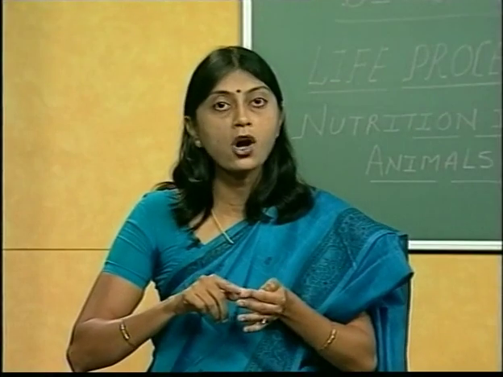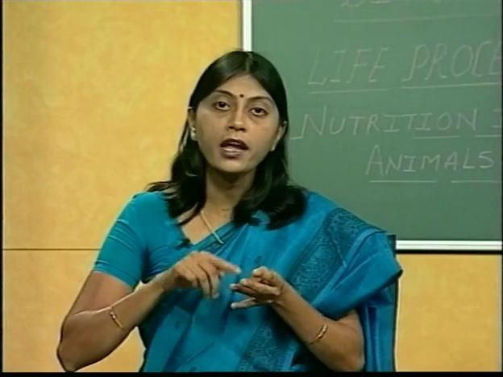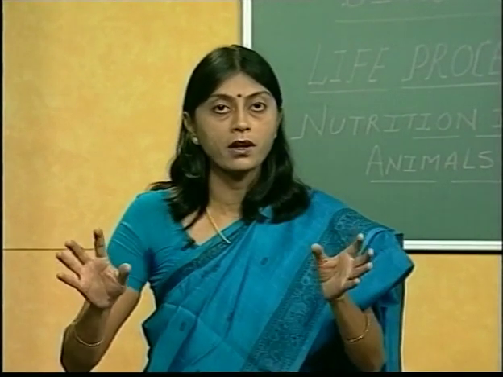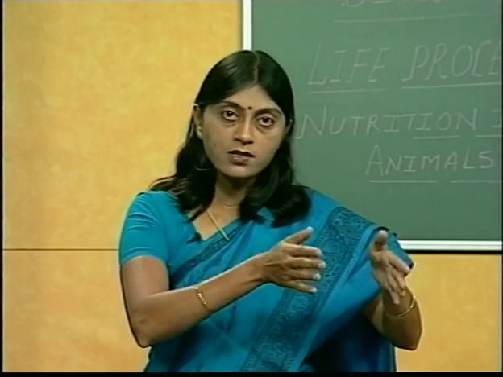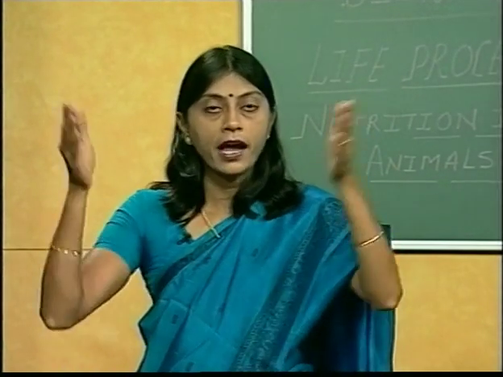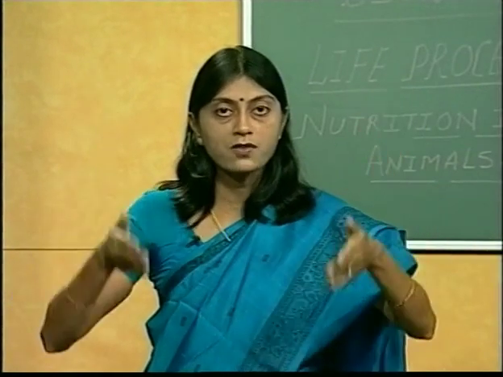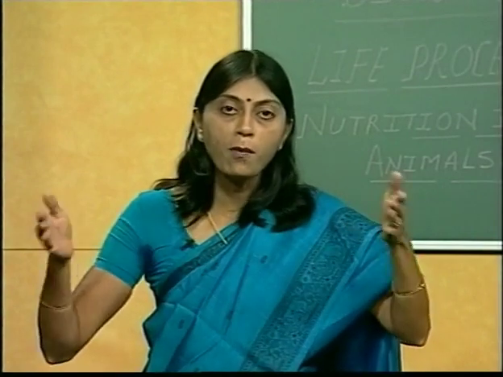In short, we will study nutrition in amoeba and nutrition in human beings. Nutrition in amoeba is very simple, but for nutrition in human beings you have to concentrate. First, the organs and the associated glands and related enzymes, and how the process proceeds. In this way you present your answer and score full marks.